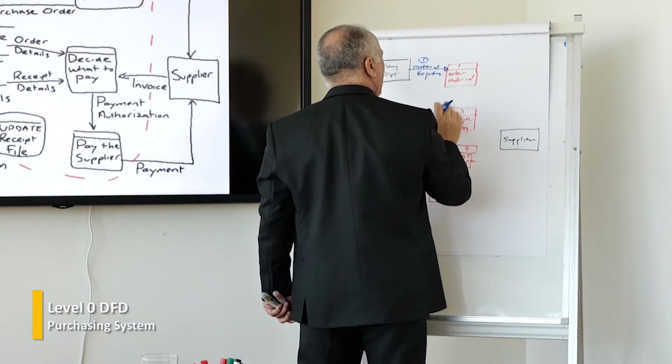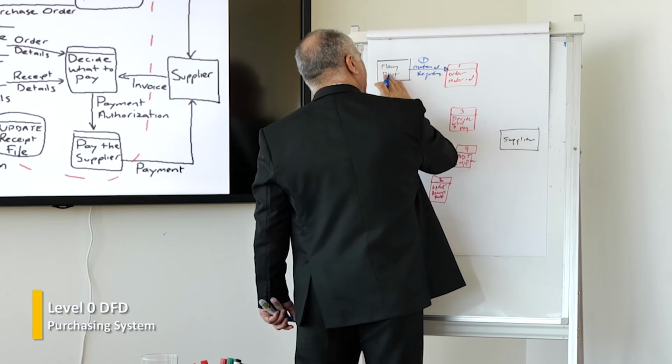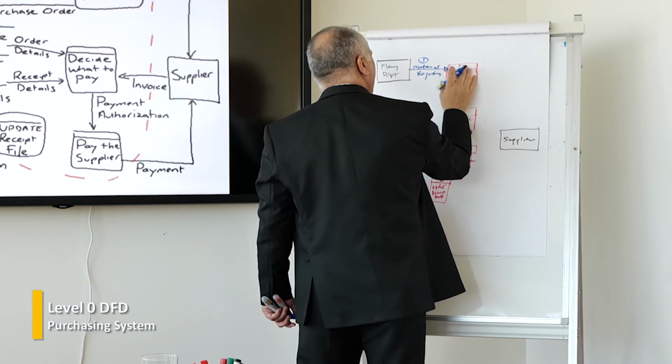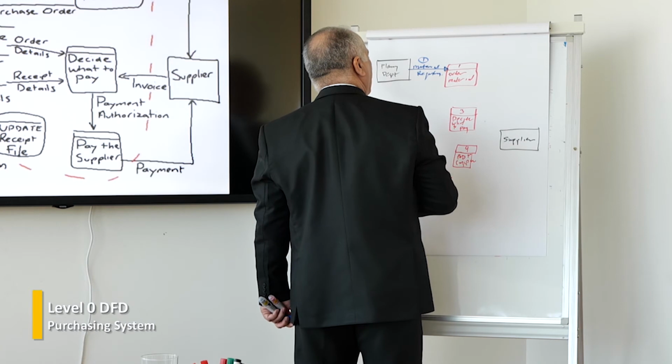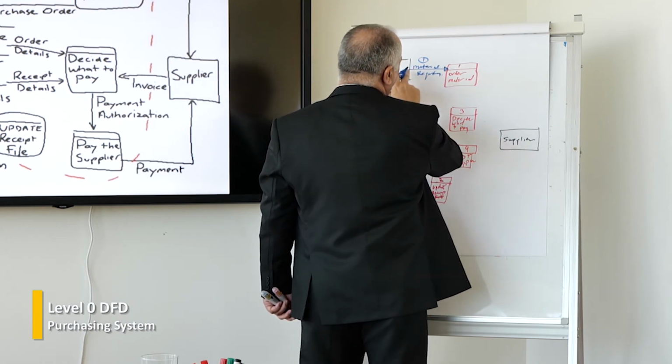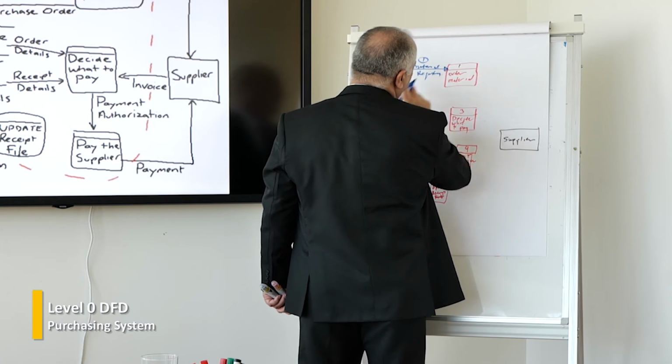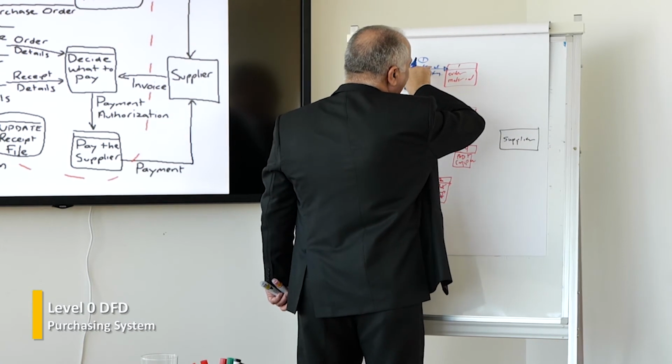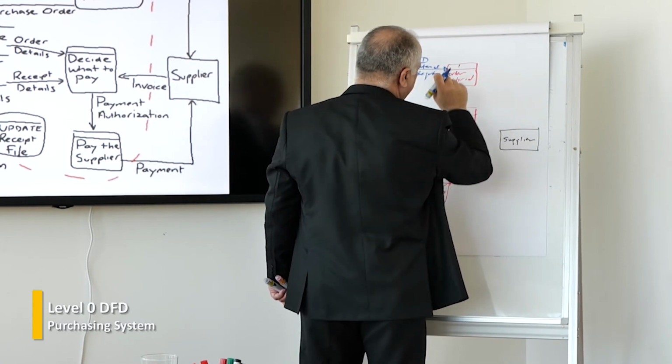Okay, step number 1: the planning department invokes a process, a program called order material. What they are saying is, what is the material you want. That's the reason for the direction: data gets in.